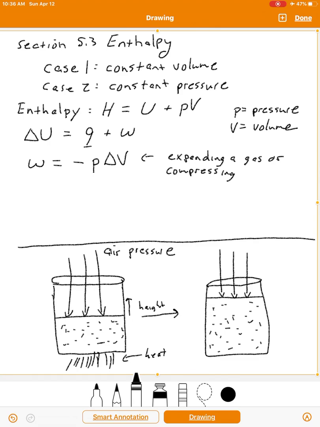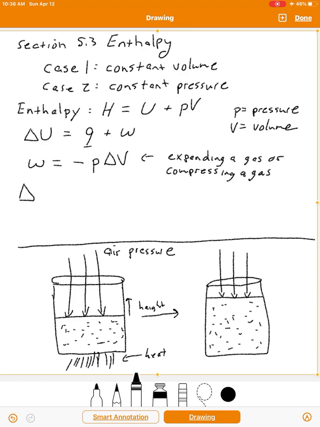And it works for a cylinder. So if we have a gas in a cylinder, the amount of work is negative P delta V, where P again is the pressure of the gas, and delta V is the change of the volume of the gas, or the change of the volume in the cylinder. So now let's come back to this definition of enthalpy, and I'm going to change it a little bit.